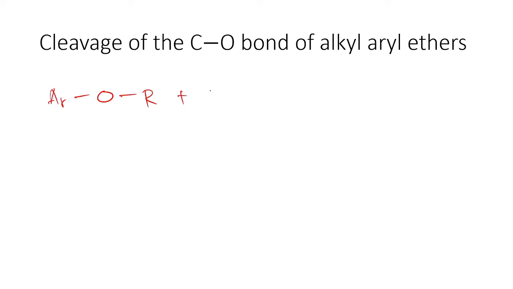So, ganun lang din, we need to add acid. Dapat concentrated yung acid in the presence of heat kasi kung walang heat, hindi mag-occur yung reaction. And in that, we'll be having our phenol here plus yung ating alkyl halide.